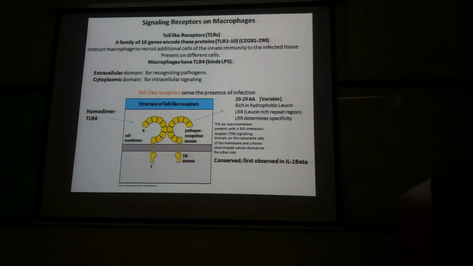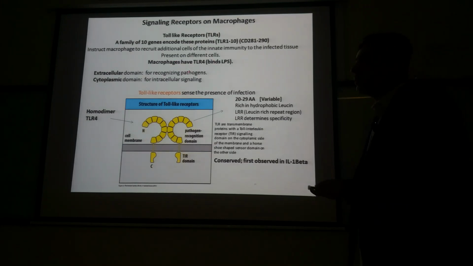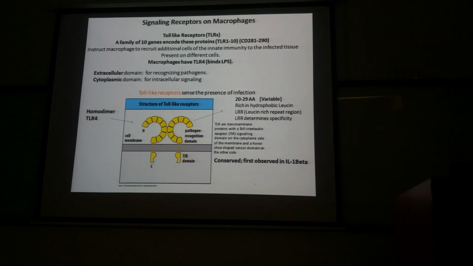And these Toll-like receptors are present on many different types of immune cells, but on macrophages, particularly for the detection of LPS or the lipopolysaccharides, which is part of the walls of microbes, macrophages have TLR4 or Toll-like receptor 4, which can bind with LPS on the microbial surfaces.